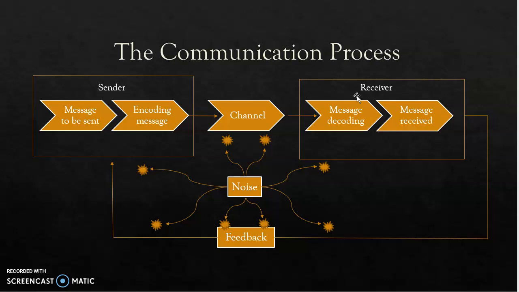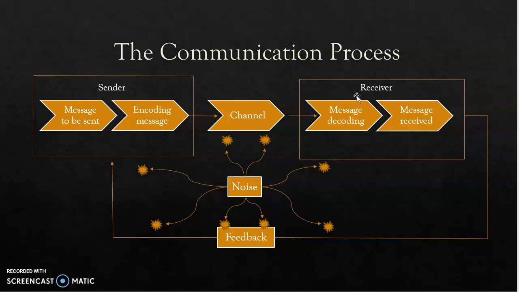Within the sender, there's a message to be sent. That's where either there's something that needs to be controlled, there's motivation that needs to be cultivated, there are emotions that need to be expressed, or information that needs to be shared. That is the message: what is being shared from the sender that they want the receiver to be the recipient of.